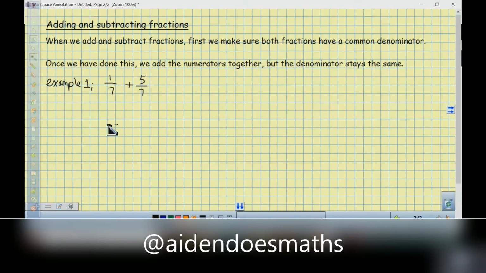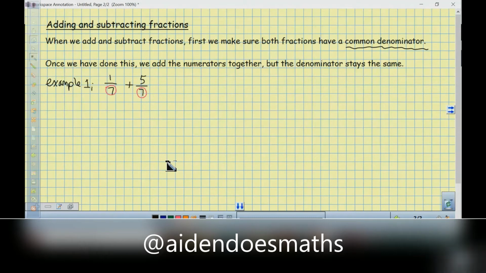Okay, now if we look carefully at these two fractions, we'll notice already something that they have in common. Okay, and remember our first step, we need to make sure both fractions have a common denominator, and it is in this case the denominator that is common. So they both have that 7 at the bottom, don't they? Yes, they're on the denominator. Okay, so we've actually already done step 1.